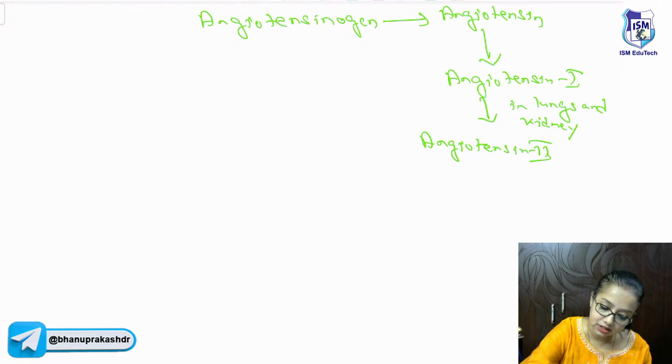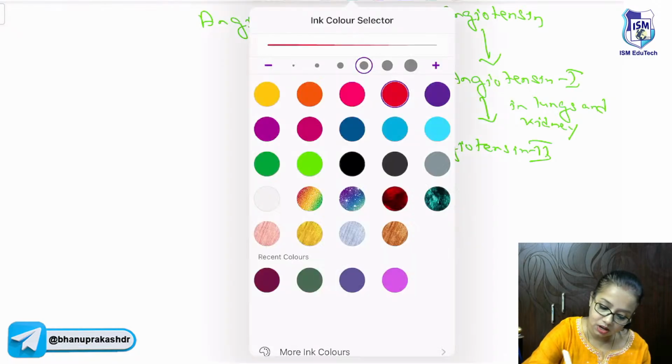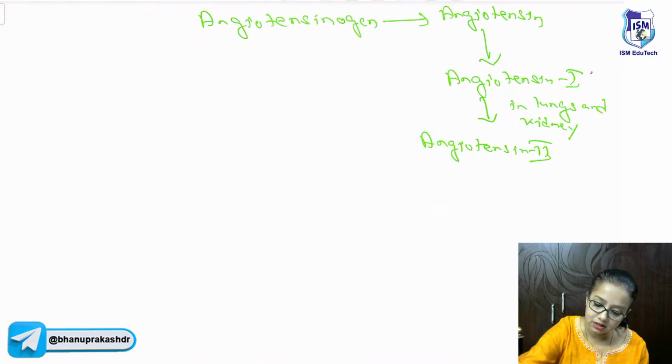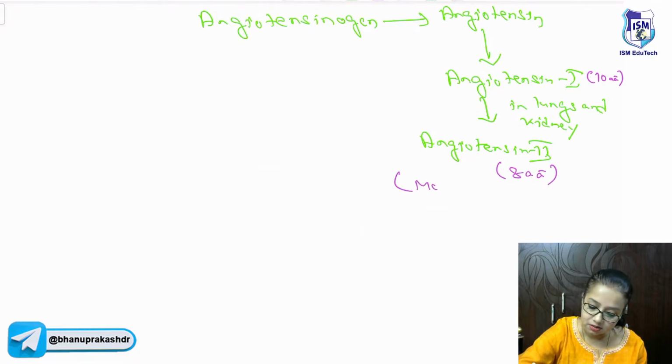Now, these are all vasoconstrictors, but angiotensin 1 is 10 amino acids long and angiotensin 2 is 8 amino acids long, and this is the most potent vasoconstrictor.